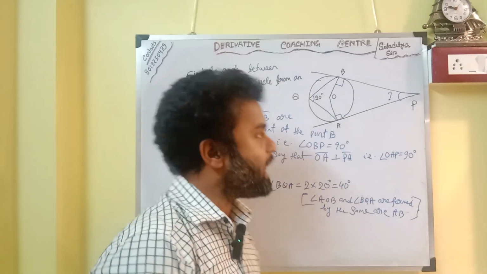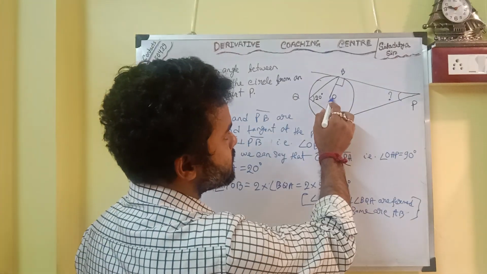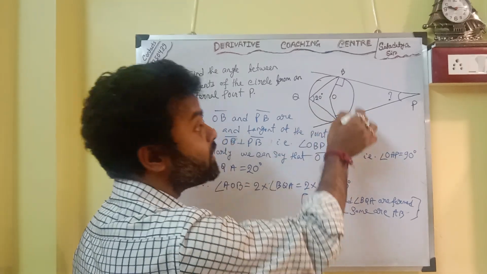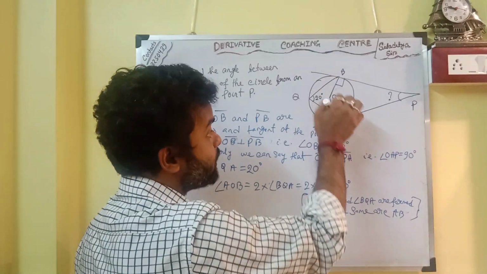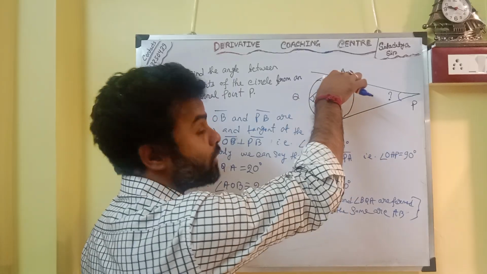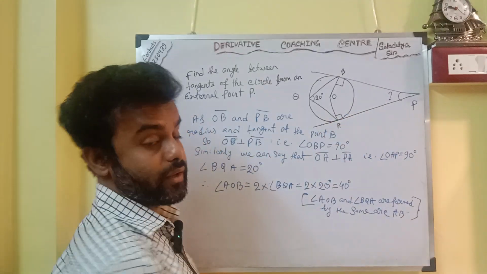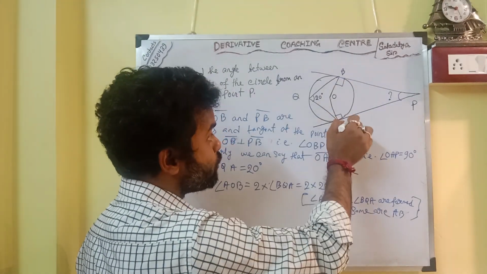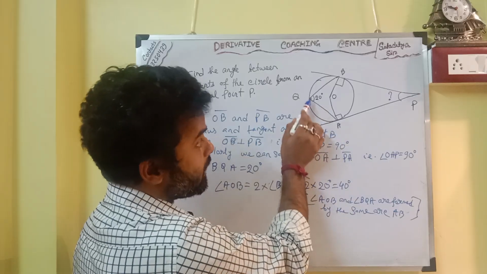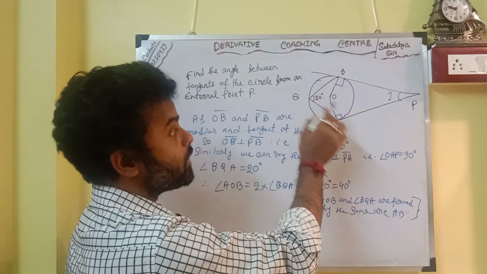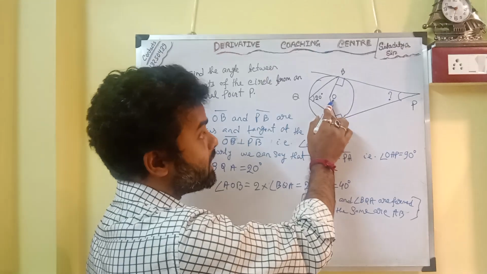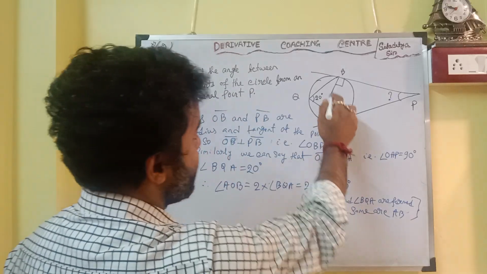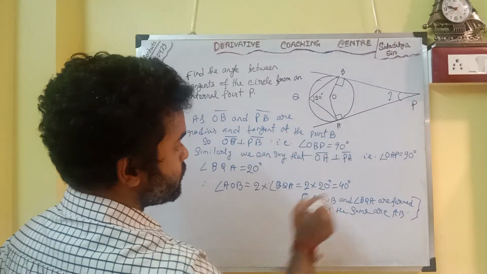In this kind of situation, the angle at the center by the arc AB is always twice the circular angle AQB formed by the same arc. You remember, the angle at the center is always twice the angle on the circle. Thus we can find the value of angle AOB is 40 degrees.